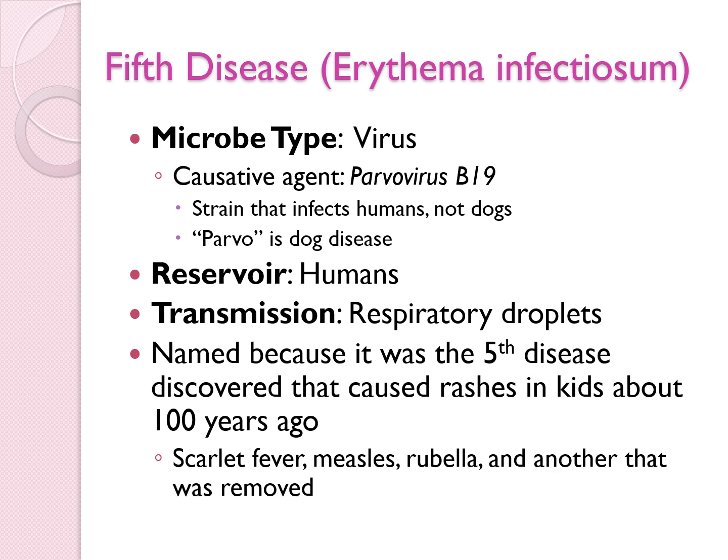Now, this might ring a bell if you have dogs. This is not the same parvo that is found in dogs, though. Similar microbe, but different strain. So the reservoir is humans.